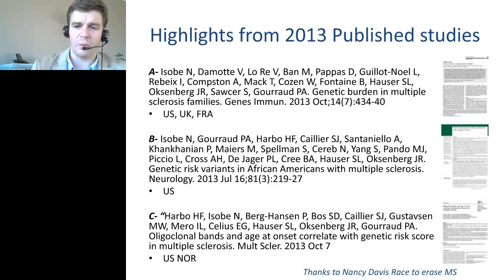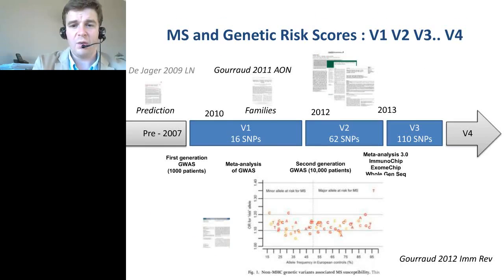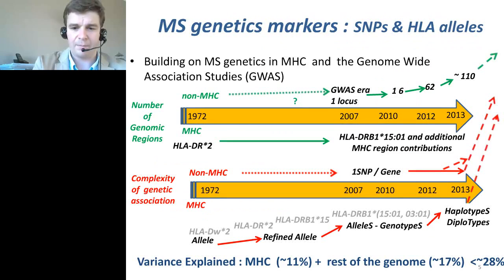Even for a particular region, if we're changing the marker that describes at best the association with MS, if we're changing the allele, if they have different frequency, that is becoming a nightmare. And if I go a couple of slides back, it's actually exactly what happened for HLA.